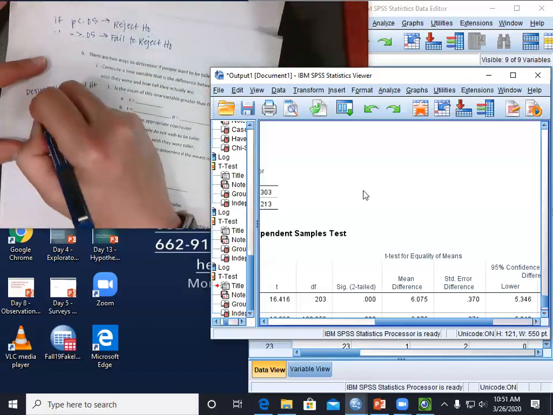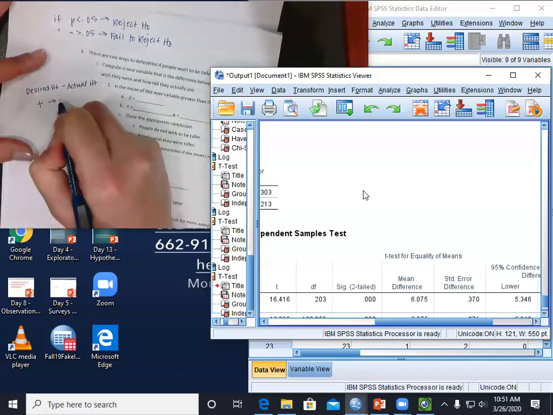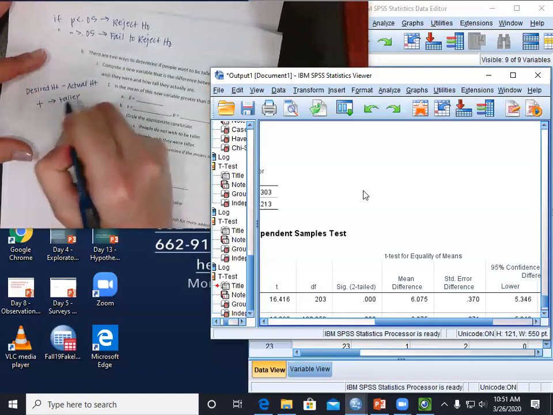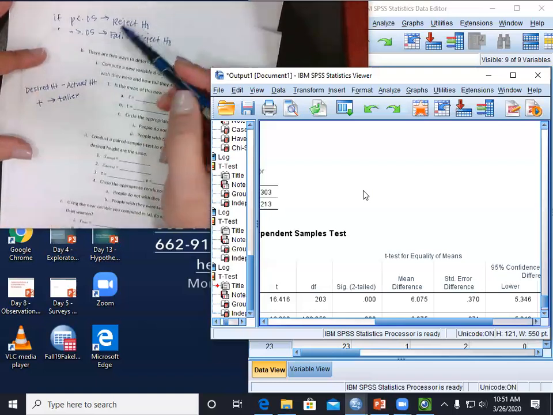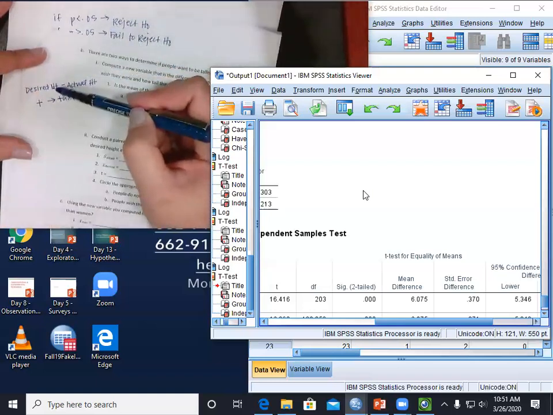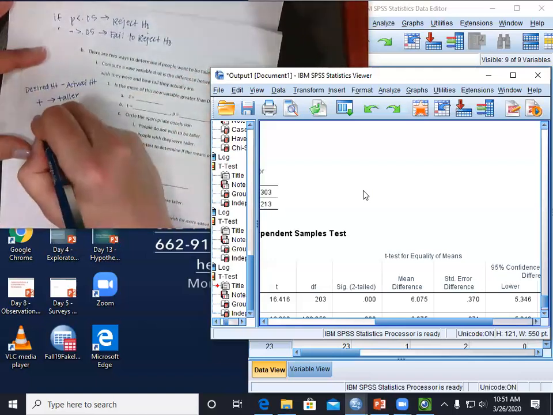So this tells us that if the answer to this equation is a positive number, people want to be taller, right? And conversely, if people wish they were shorter, then their desired height would be a smaller number than their actual height. And so when we subtract smaller number minus larger number, we would get a negative answer.